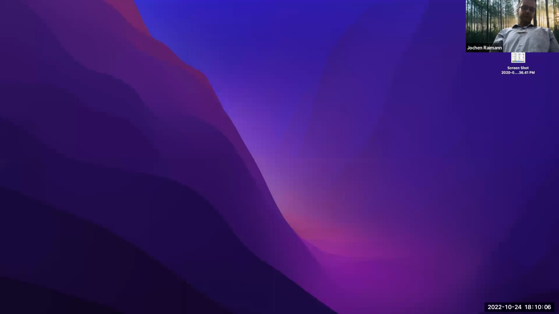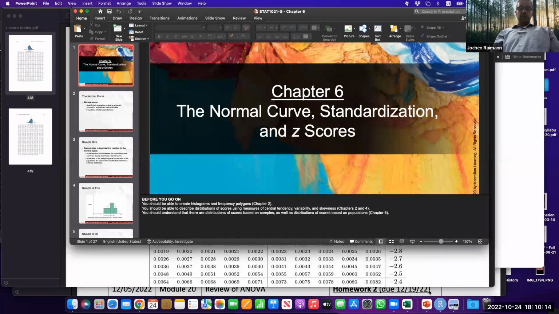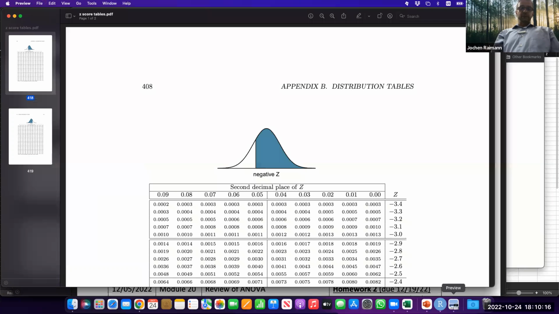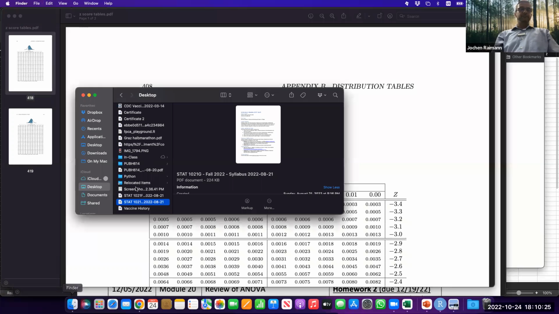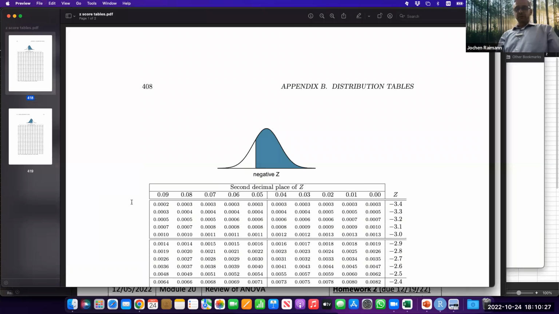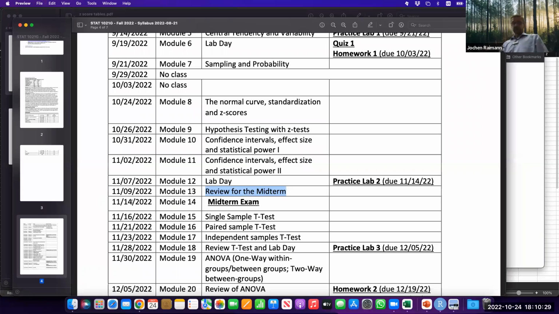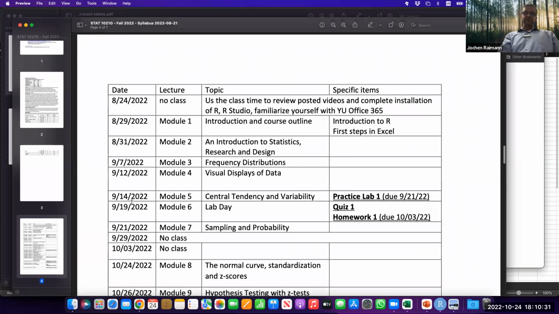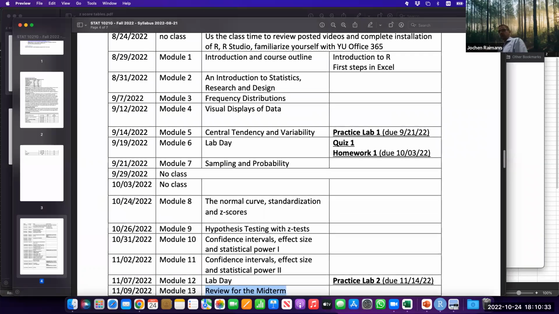Now, just as a quick recap about the material that we've discussed so far, I just quickly want to go over the syllabus so you remember what we did. We have mainly discussed so far descriptive statistics. So we are now slowly starting to come into inferential statistics.